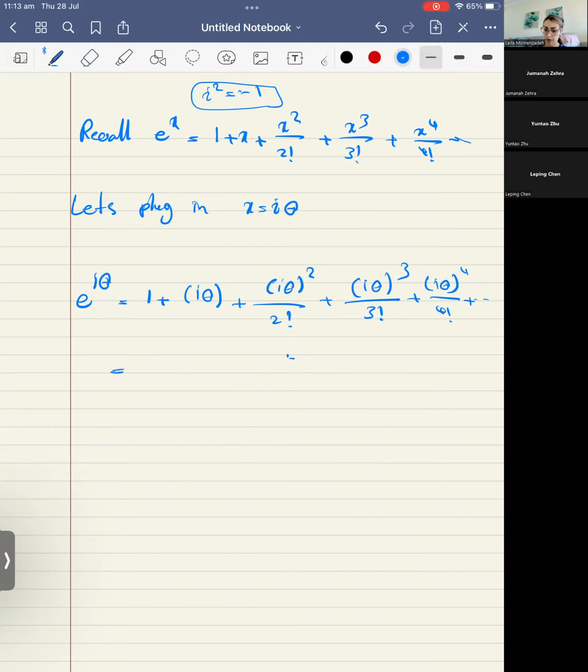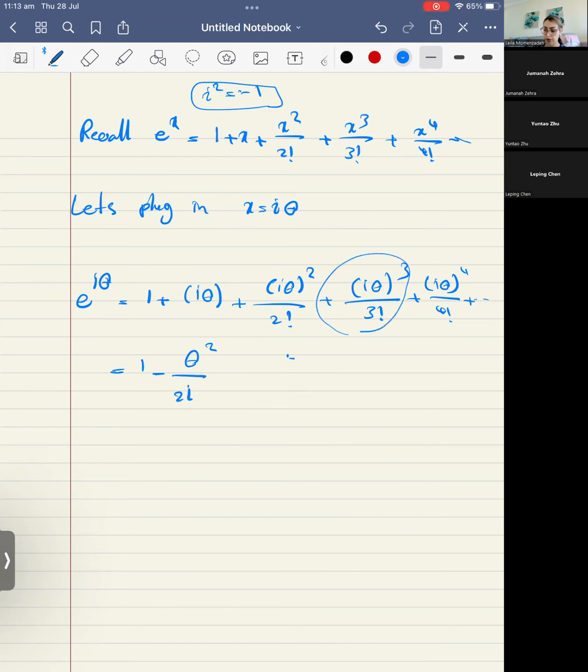I can write this one 1 plus i theta, you know that is the complex number. We can delete the i here, because the power is 1, power 3, power 5. It doesn't matter here, but i squared is minus theta squared over 2 factorial.